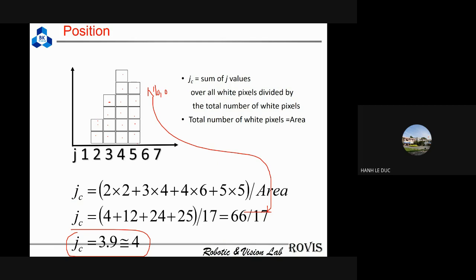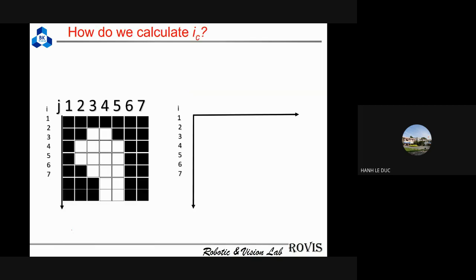The next one is we calculate the IC. Similar procedure, just list: 2 is 2, and 3 is 4.